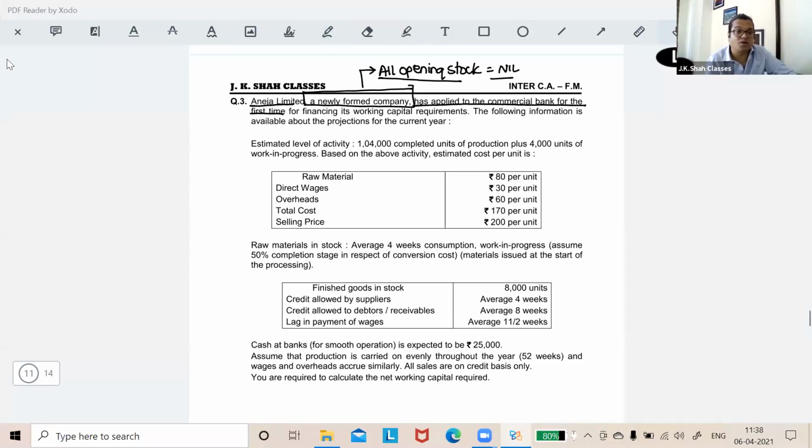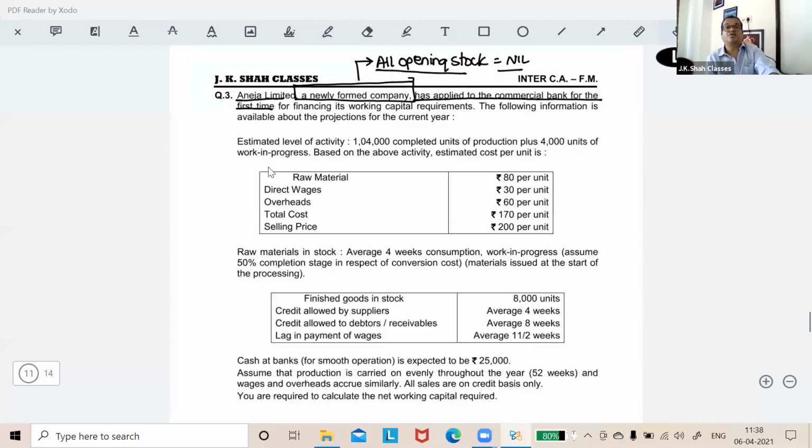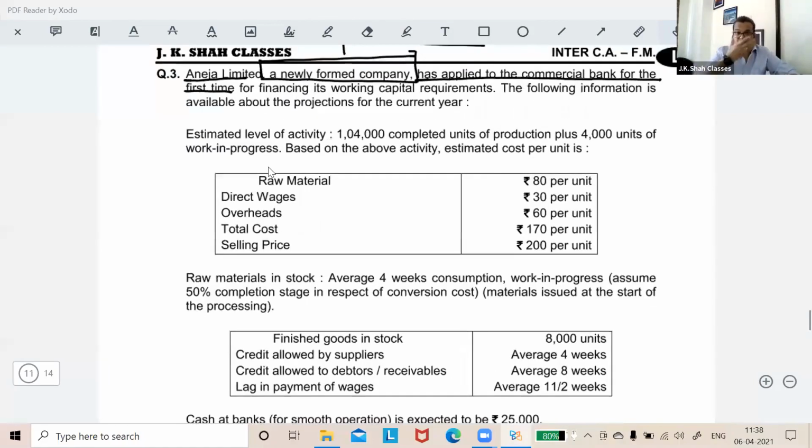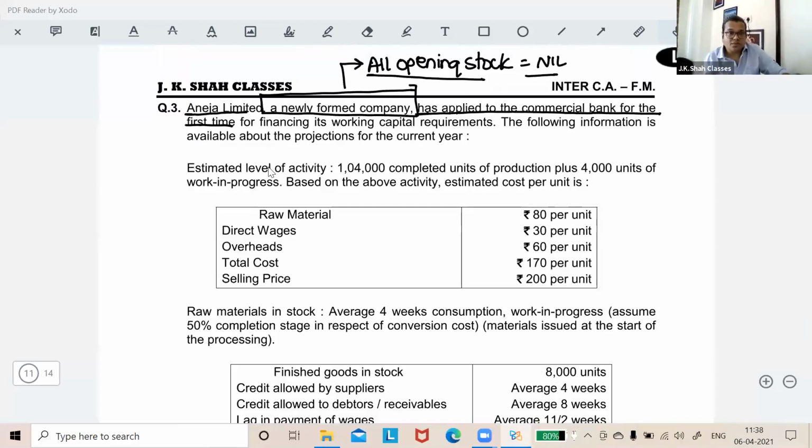See, it's very important now. This is a perfect question to make you understand how a newly formed company will impact the whole process. See the estimated level of activity: 1,04,000 completed units of production. So it is estimated that 1,04,000 will be completely ready by the year.